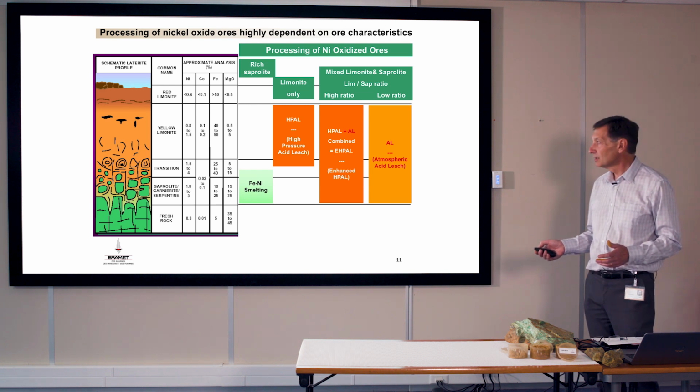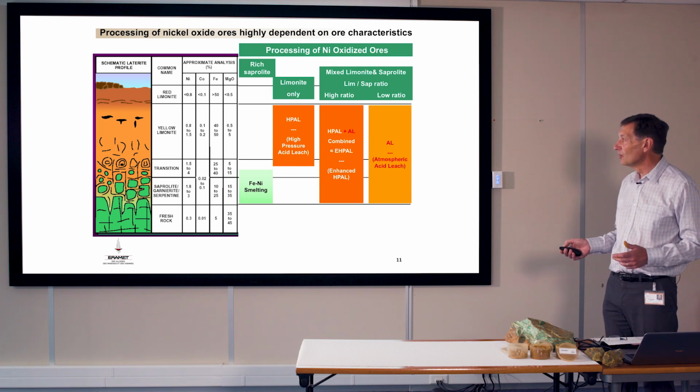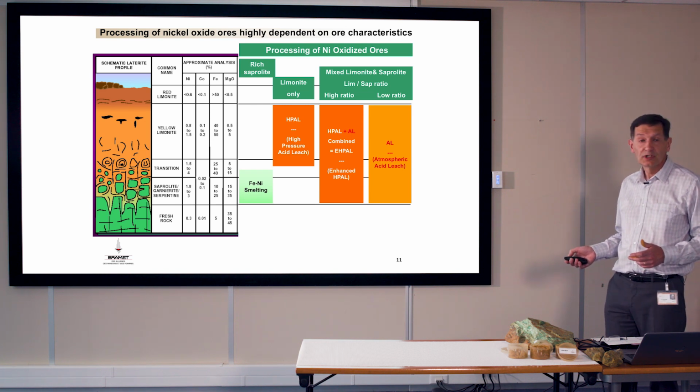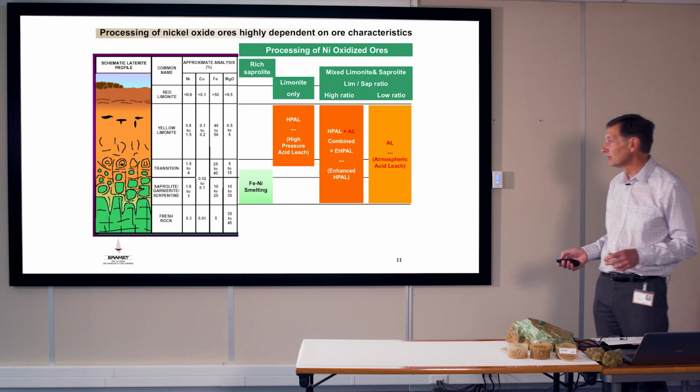The nickel content, you see, will increase. In the limonite, it's at the level of 0.8 to 1.5%. In the transition ore, you can have up to 4% nickel content, and also in the saprolite, you can have up to 3 to 5% of nickel content.